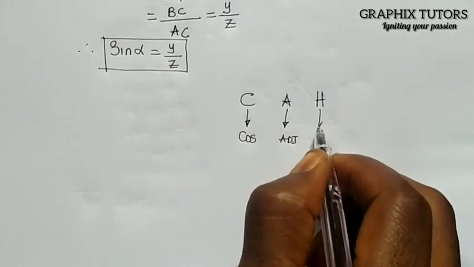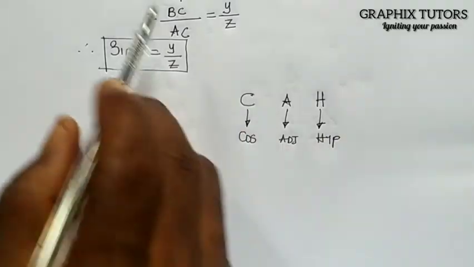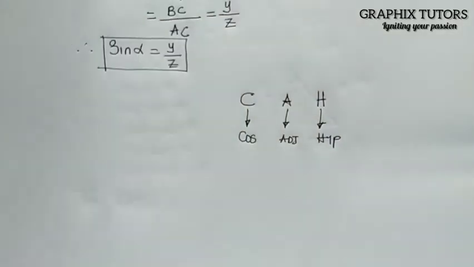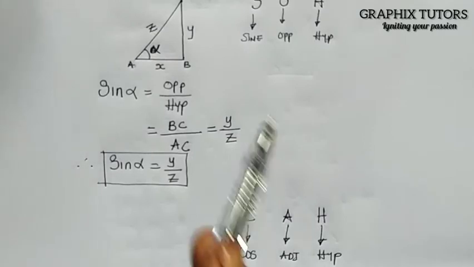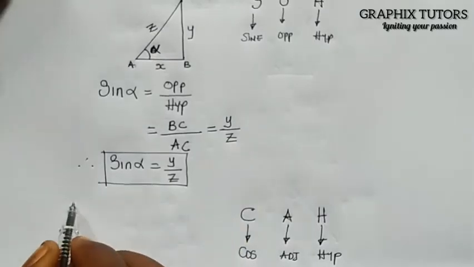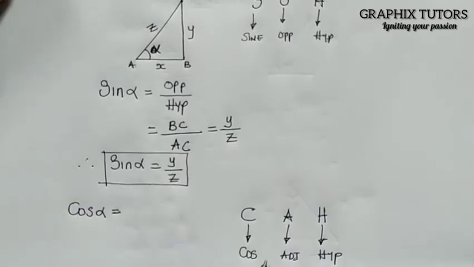And the H is for hypotenuse. So if I'm considering this alpha here, we'll say that my cos alpha is equal to adjacent over hypotenuse.